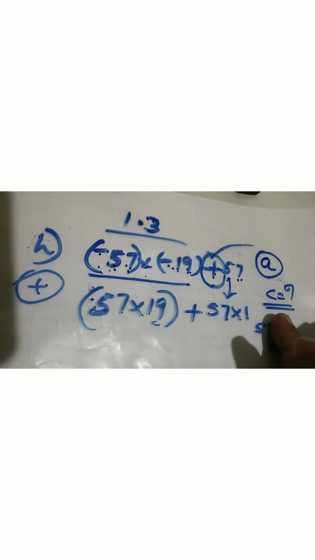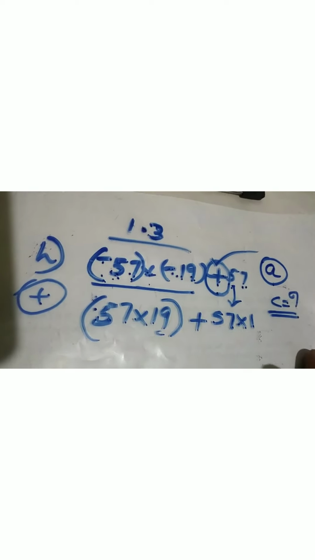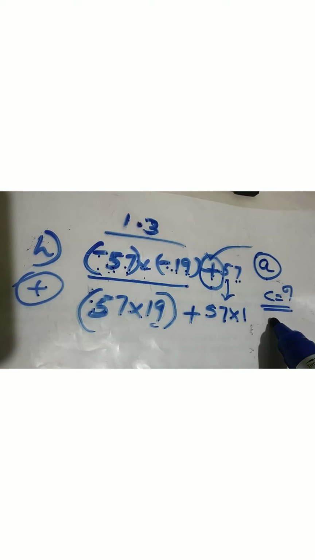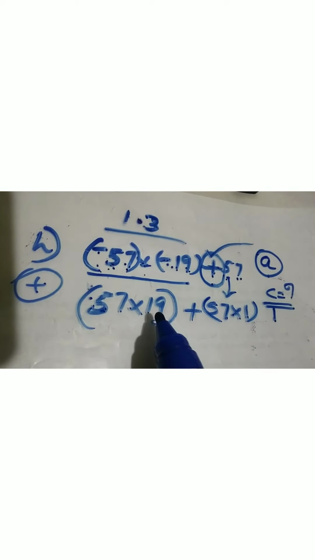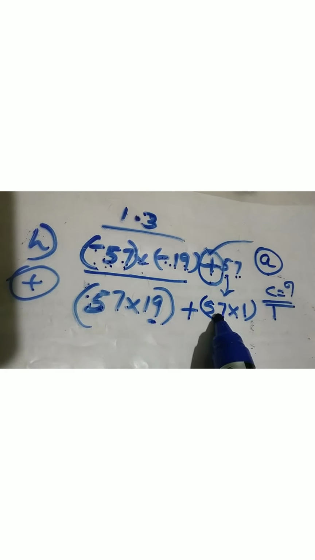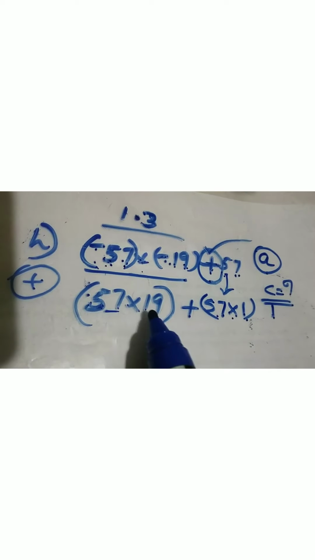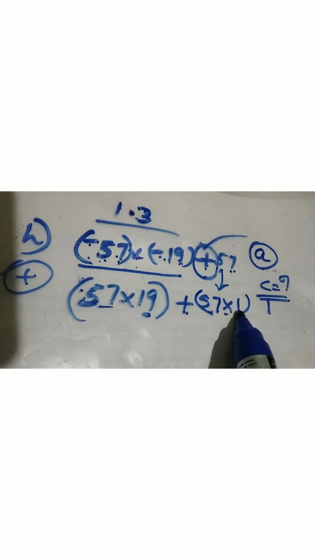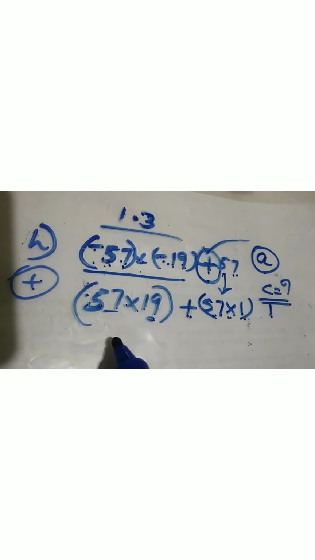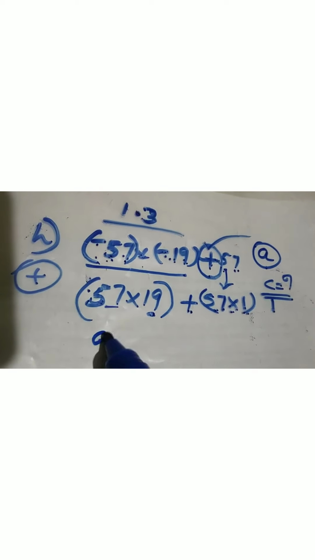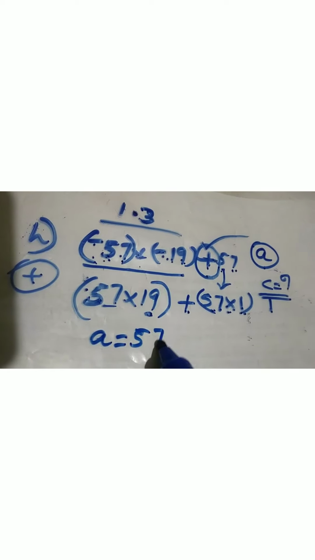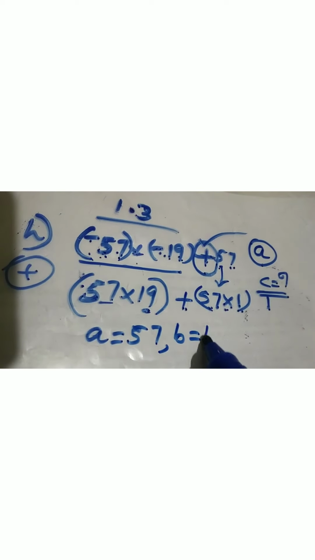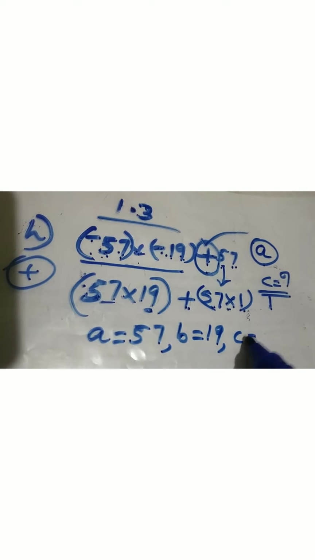Okay. So, we can multiply 57 into 1 to get our C. Now, we can identify A into B plus A into C. Okay. Here A is equal to 57. Then B is equal to 19 and C will be 1.